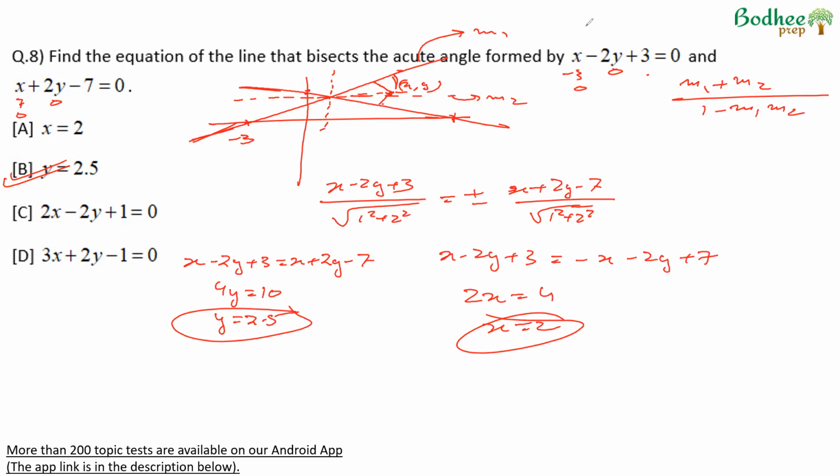For the first line, 2y is equal to x plus 3. y is equal to x by 2 plus 3 by 2. y is equal to mx plus c. So m1 will be 1 by 2. For this line, the slope is 0. Half upon 1 minus 0 into half. This gives us a value of 1 by 2.